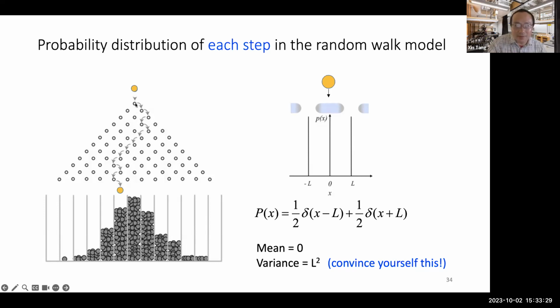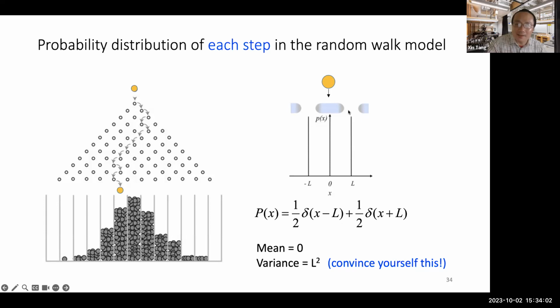For each step, the ball falling down can actually only go to this location or this location. That means the distribution for the ball to take any step downwards is a distribution function. That distribution function consists of two delta functions.